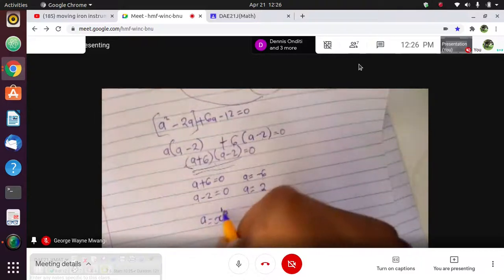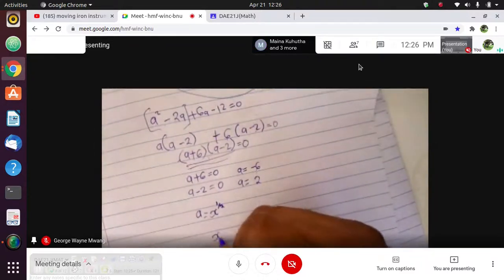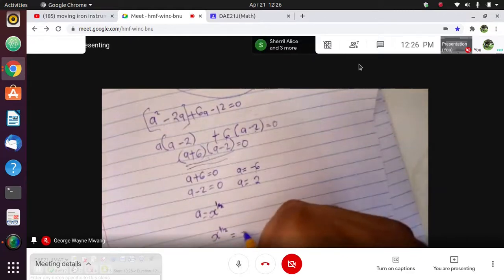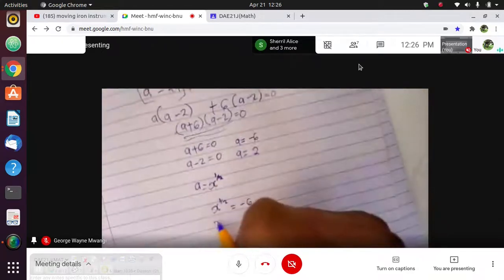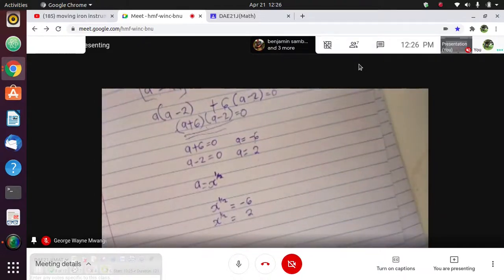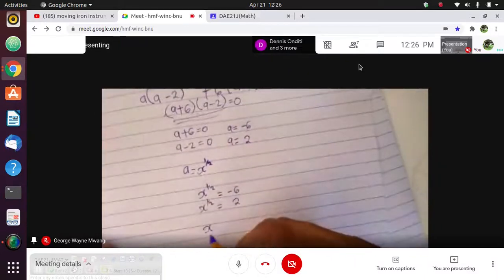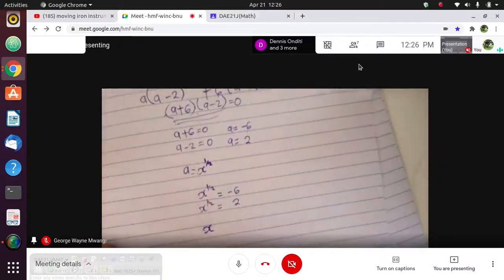Now, x raised power half is equal to minus 6, or x raised power half is equal to 2. Now, what we're interested in is x.